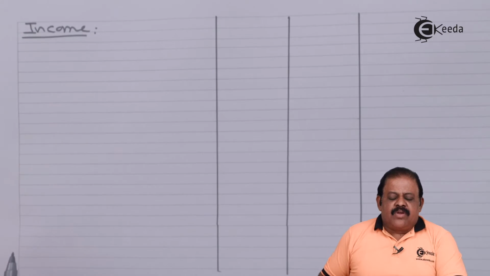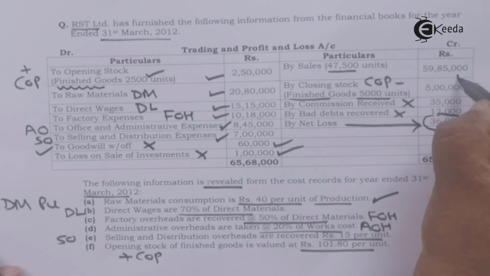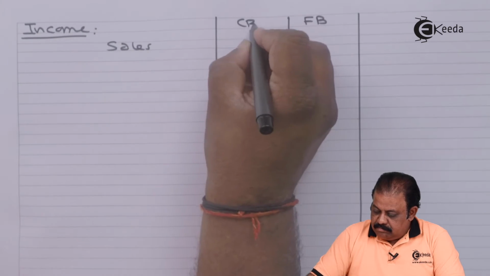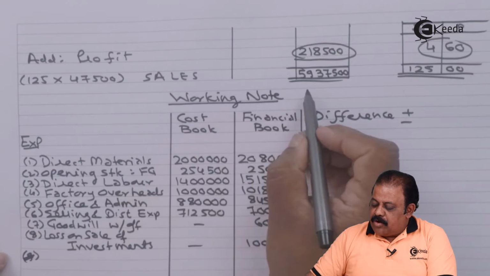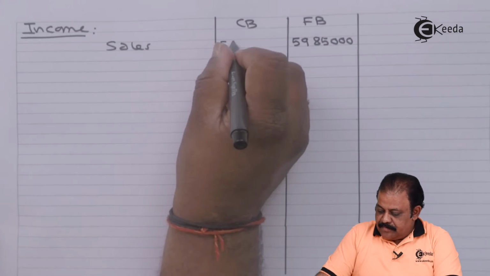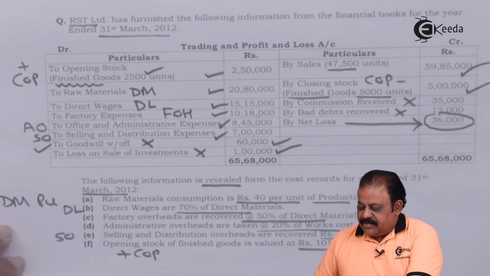Let us consider items of income. Sales as per financial book 59,85,000. Sales as per cost book 59,37,500. Closing stock 5 lakhs.